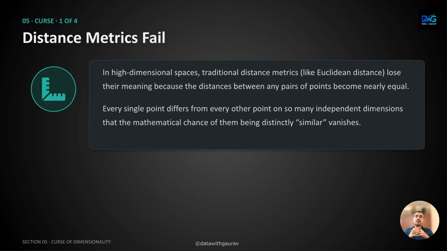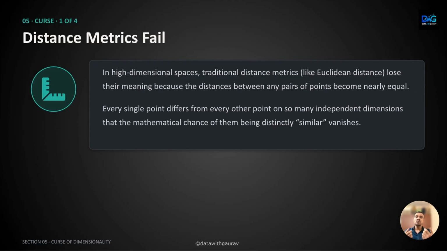Because every new feature introduces another independent way in which two data points can differ. When you have dozens or even hundreds of features, it is extremely unlikely for two observations to be similar across all of them, right? As a result, almost every point ends up being approximately the same distance from every other point. And when that happens, the concept of nearest neighbor starts losing its meaning.